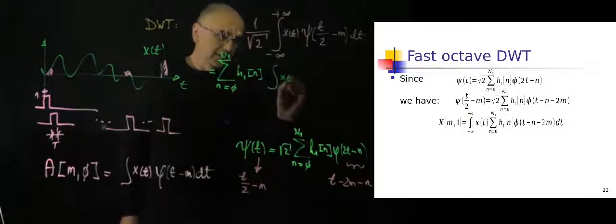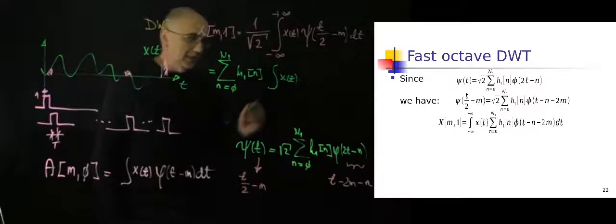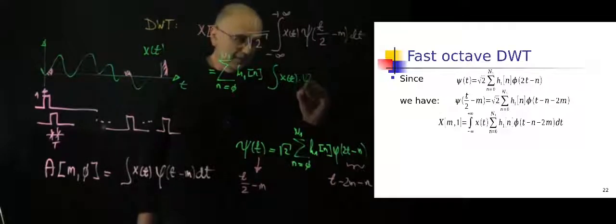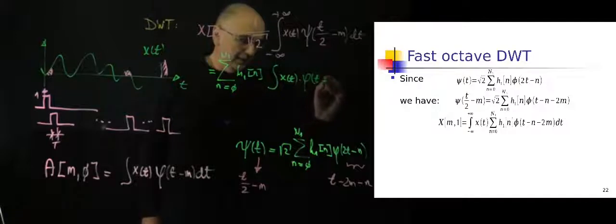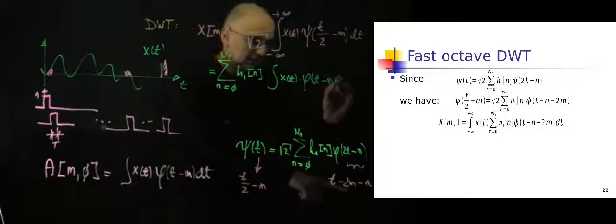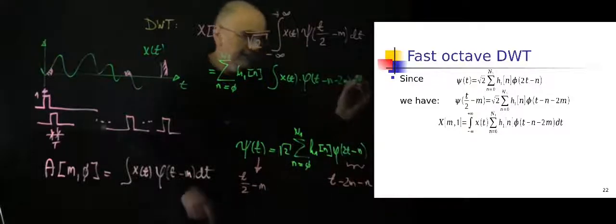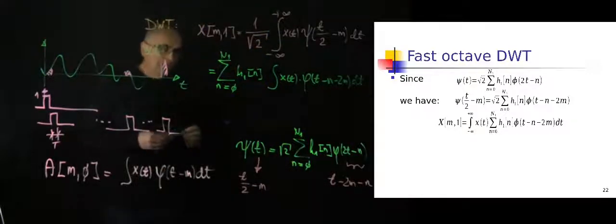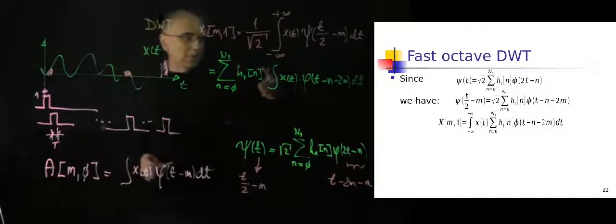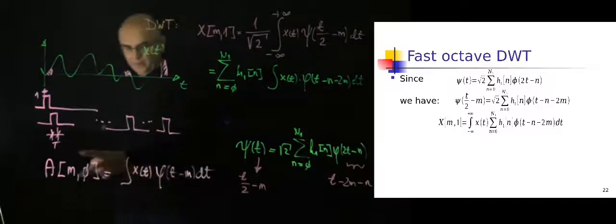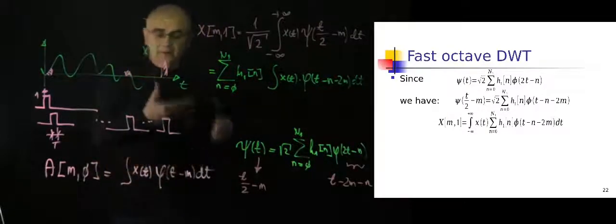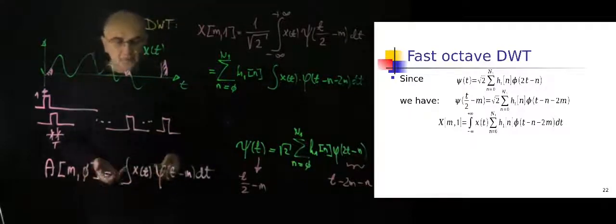X of t times v calculated at the place t minus n minus 2m. But we already have those results. I mean, we have already calculated our approximation coefficients.